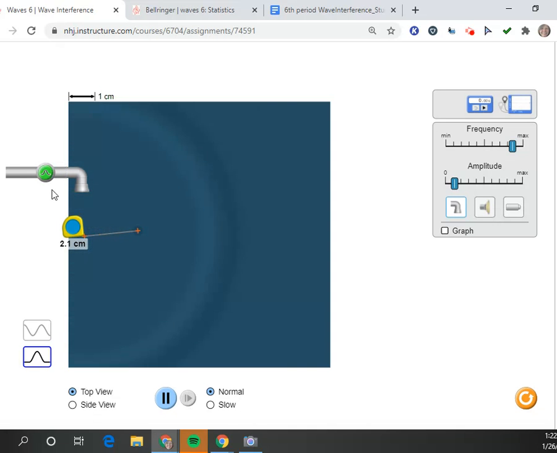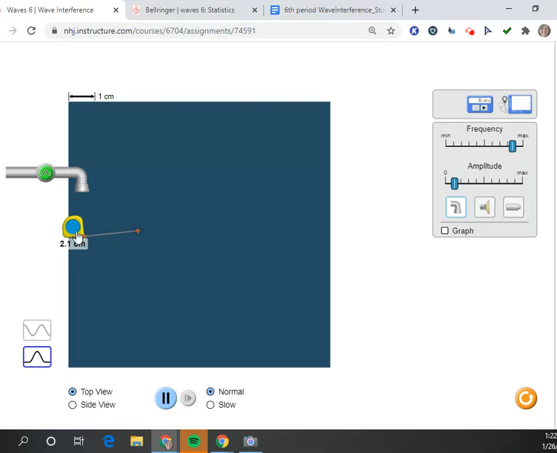Notice that ripple comes before it did on a low frequency. Okay, so the ripple comes before it did on a high frequency. The ripple comes faster, comes before it did on the low frequency.